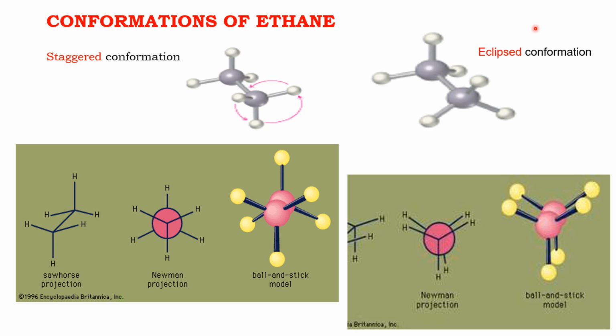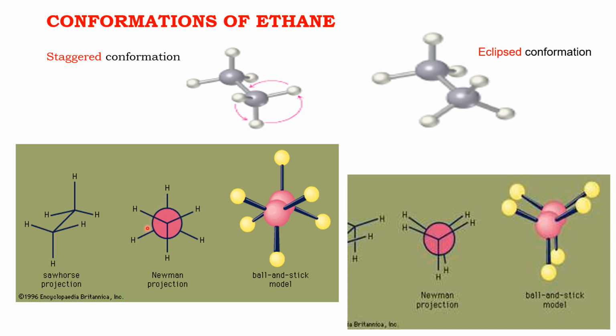Now see here, this is the staggered conformation and this is the eclipsed conformation. When I write the Sawhorse projection formula, this is the Sawhorse projection formula of staggered conformation. See here, this hydrogen atom and the other hydrogen atom are in the opposite direction. Moving to the Newman projection formula of staggered conformation.